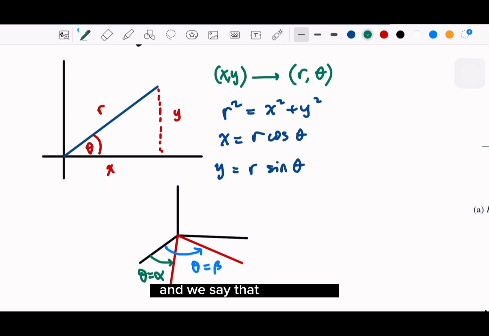This will be our sector from alpha to beta, and we could find the area inside.